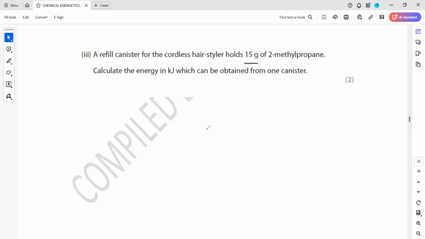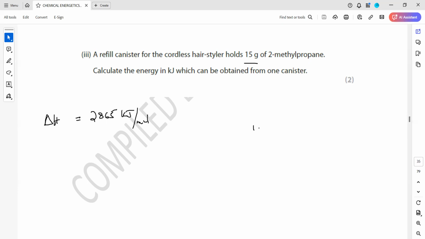Delta H is there, which we calculated. So first, we have this delta H. How much is it? It was our last answer, like 2865 for example, kilojoule per mole.